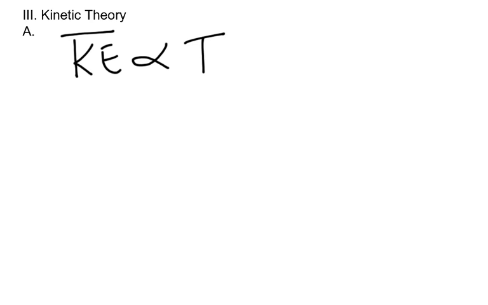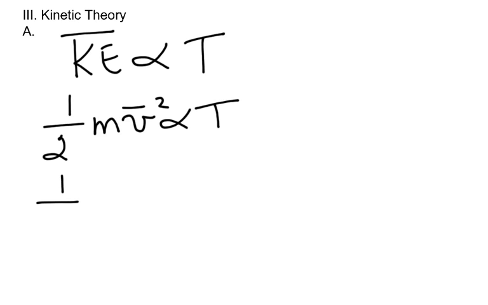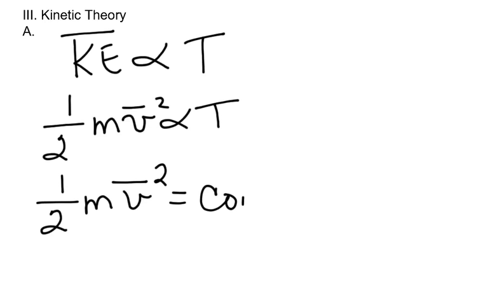Now we know average kinetic energy is equal to 1/2 m times the average velocity squared, and that's directly proportional to temperature. We can also write that as 1/2 m times the mean speed squared is equal to some constant multiplied by the temperature.